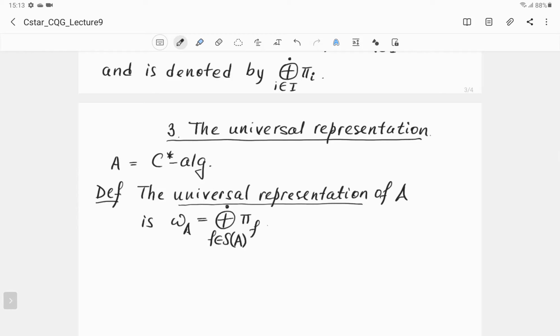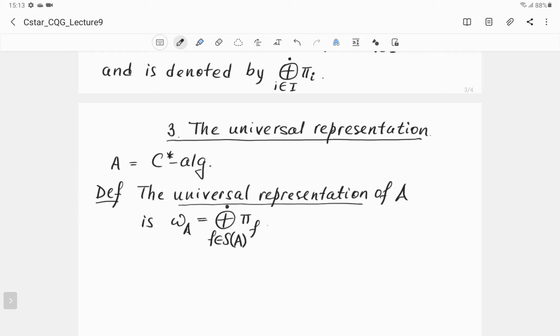Unfortunately, I don't have time to explain why the universal representation is called universal. To understand this, we must learn some basic things on von Neumann algebras, and this will require several lectures. So we simply cannot afford this.